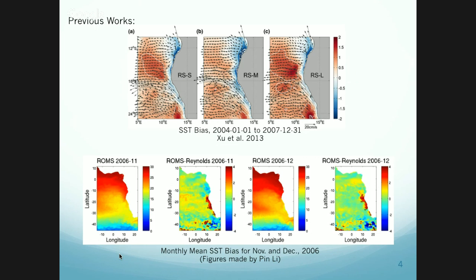We just see that when the model goes to November and December, this warm bias here is fully formed. So for my previous run, we did not reduce the warm bias very much. This is just an introduction of my previous work.